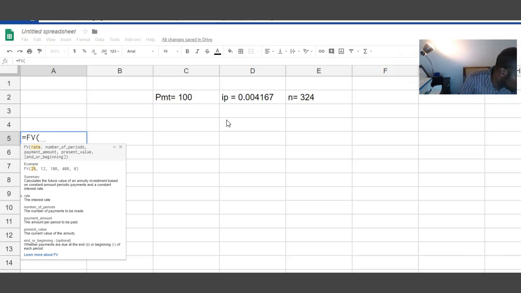Okay, so let's put the rate right now. 0.004167. Okay, that's the rate. Now, number of periods, it was for 27 years, but 27 times 12 because the period is month. So which was, if you remember, 324. That's the period. So payment, deposit 100 every month.